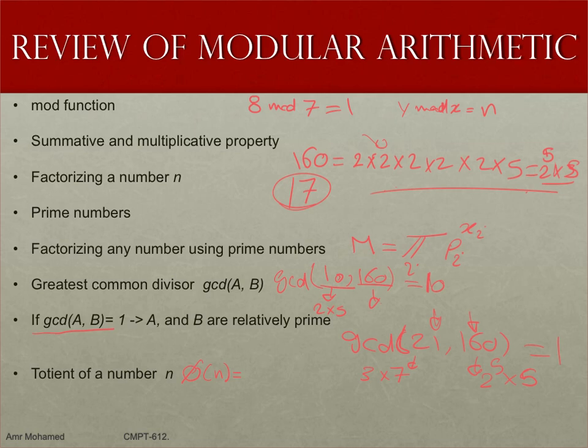The totient of a number is the number of non-divisors, from 1 all the way to n. It is the number of prime numbers that do not divide this number.